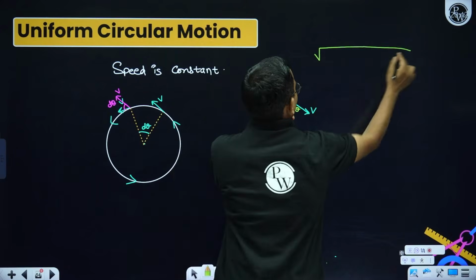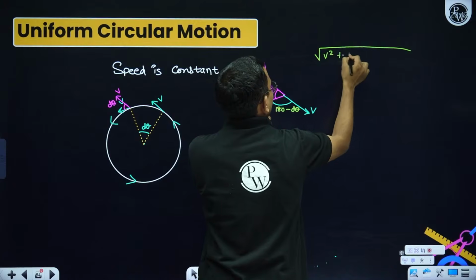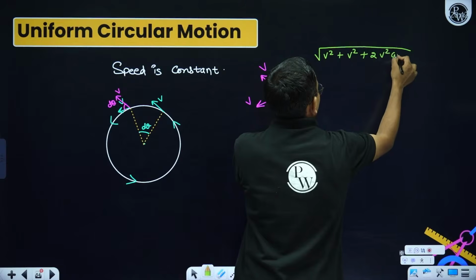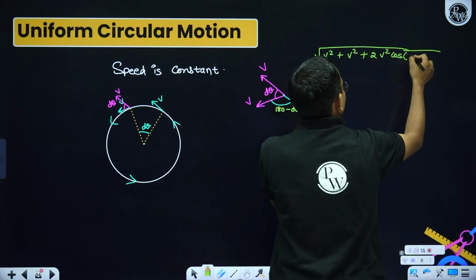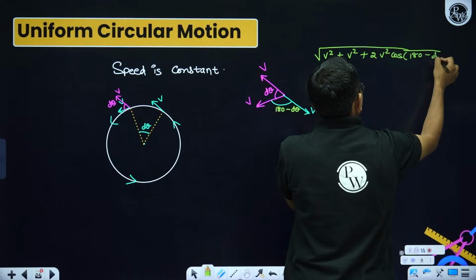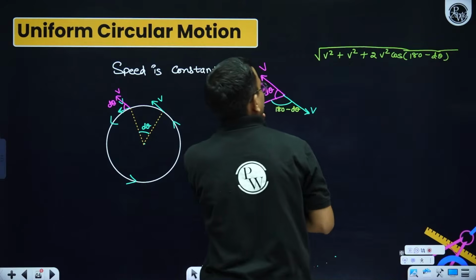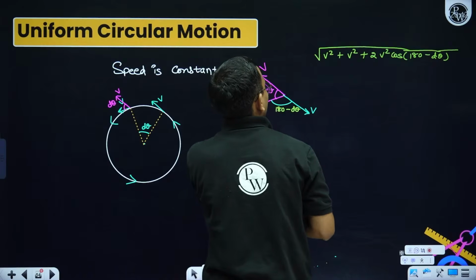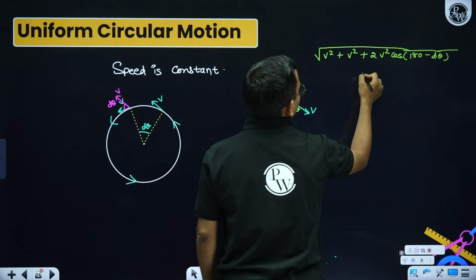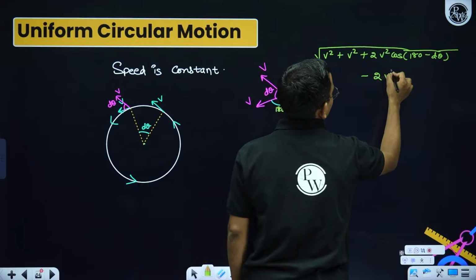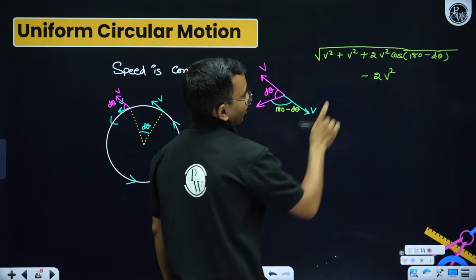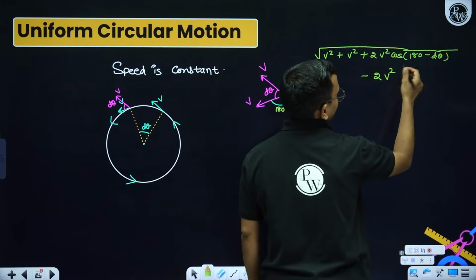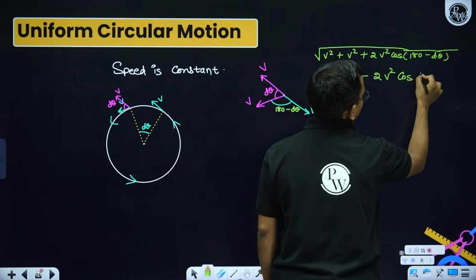You can say square root of a square plus b square plus 2ab cos theta. Cos of 180 minus theta is minus cos theta, so it will become minus 2b square, 2ab cos theta. I am writing like this. So minus of this cos of d theta.